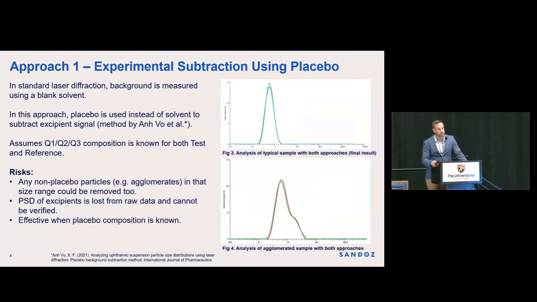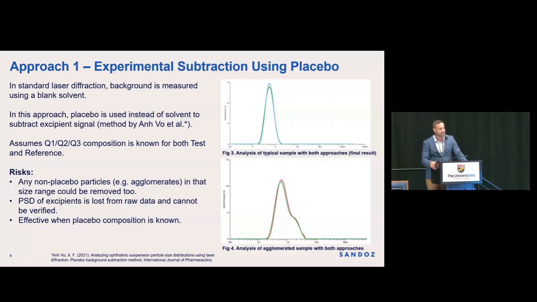On the image below, you can see where the production process did not go well, meaning that the agglomerates appear. And the purpose of this is also to demonstrate the worst case scenario that could happen. You can see the overlay, meaning that both approaches showed a similar story.